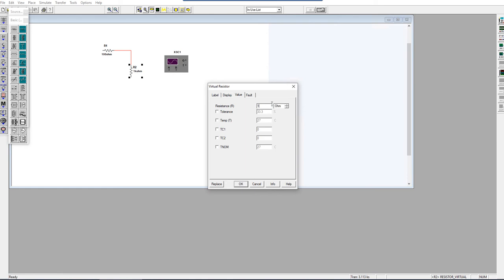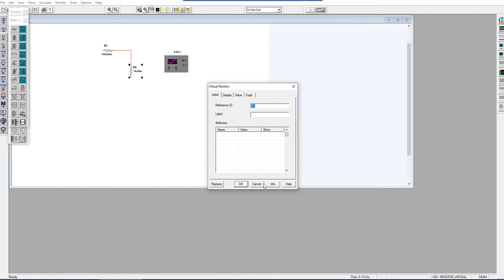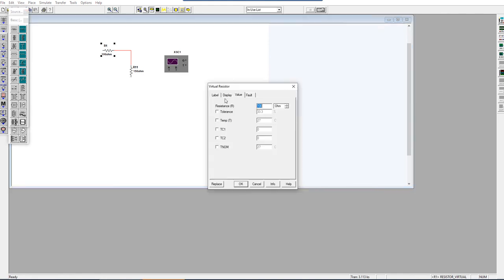So this is 150, and the display label is, this is R1. So this should be 2, and this should be 1.